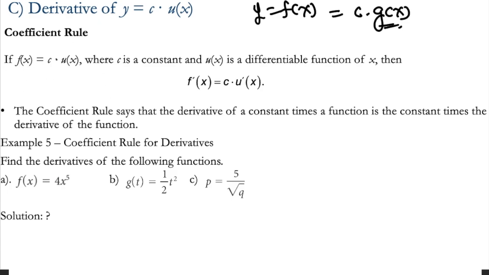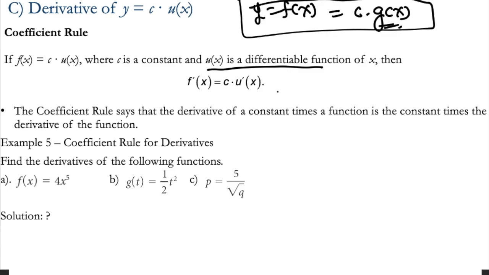I'll give you an example here. If f(x) is c multiplied by u(x), in this case u(x) is g(x), my own writing here, where c is a constant and u(x) is a differentiable function of x. Why is it differentiable? Because in that you can see x. Then f prime x, or the derivative of f(x), is actually c, the constant, staying the same, but you differentiate the u(x) as usual using rules, whatever suitable rules you have learned.